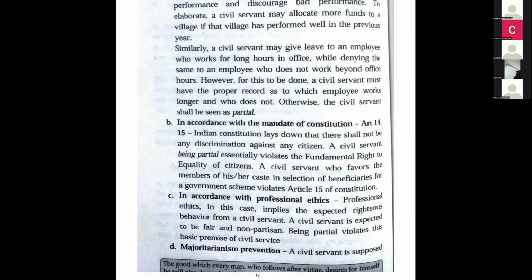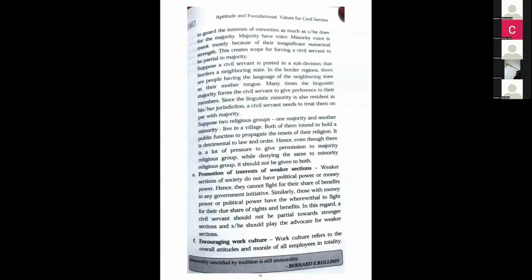D is majoritarianism prevention. Very important. A civil servant is supposed to guard the interest of minorities as much as for the majority. As I said, everybody in the community is the same. You also have to support the minorities.